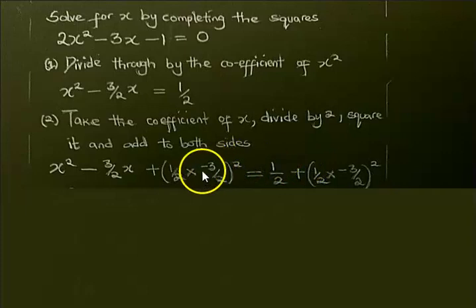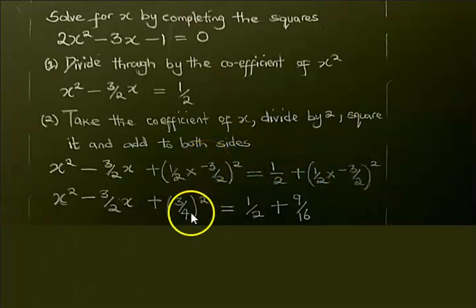If we simplify what we have in these brackets, we arrive at this point whereby this remains the same, x squared minus 3 over 2x plus, and then we simplify what we have in this bracket. We have negative 3 divided by, because 1 times minus 3 gives negative 3 and 2 times 2 gives 4.